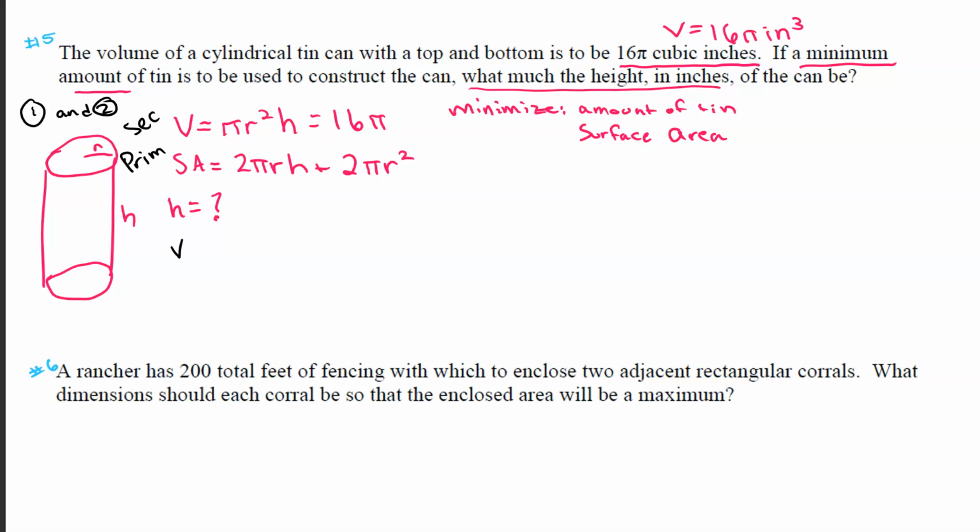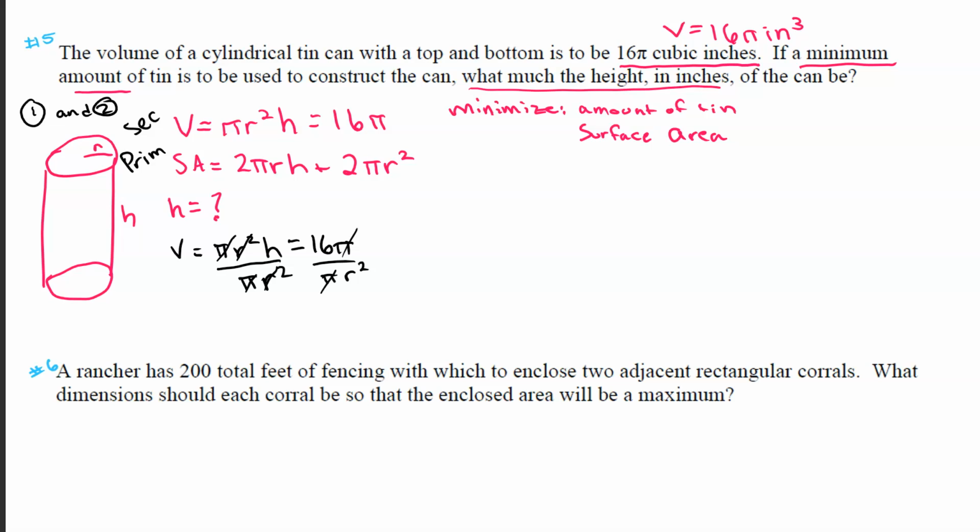So I've got here my volume is equal to pi r squared h, which is equal to 16 pi. We're trying to solve for r, so we can substitute that into our surface equation to only have h's in that surface area equation. So that means I have to divide by pi r squared. Well, pi divided by pi, those guys get out of town, right?